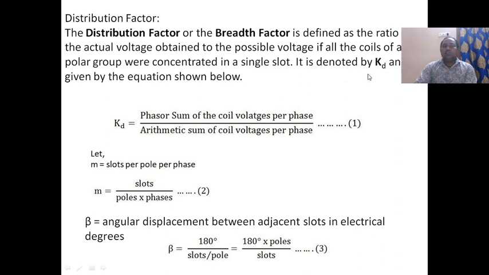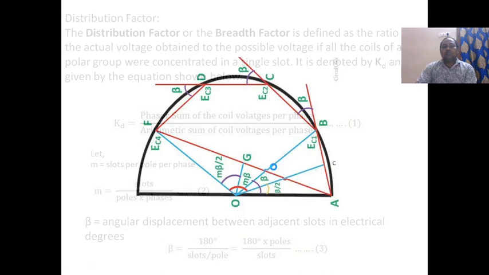It is denoted by Kd and is given by Kd equal to the phasor sum of coil voltages per phase divided by the arithmetic sum of coil voltages per phase. That is equation 1. Let M be the slots per pole per phase, M equal to slots divided by poles into phases. Beta is the angular displacement between adjacent slots in electrical degrees, beta equal to 180 by slots per pole.